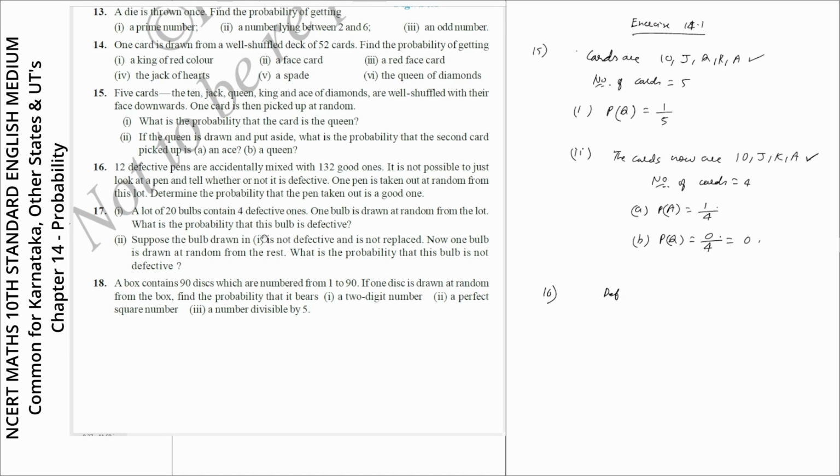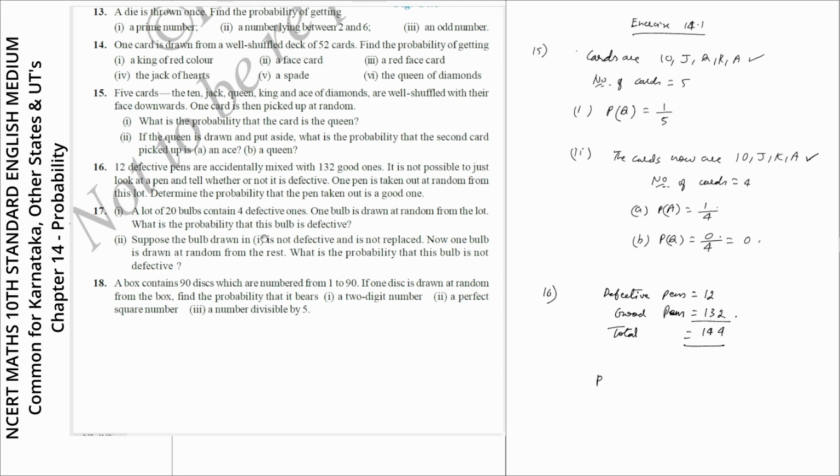So here number of defective pens is 12, and number of good pens is equal to 132. Therefore total number of pens is equal to 144.